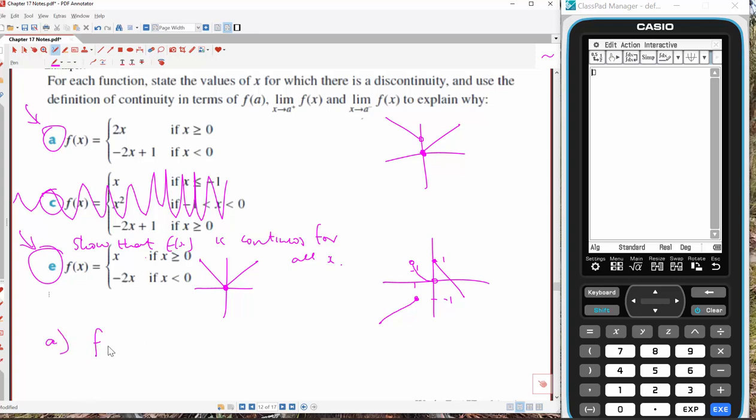So first of all, I'm going to do an are-you-there check. So the point in contention is 0. So f of 0 equals 0. Therefore, f of x is defined at x equals 0. So that's a good sign.